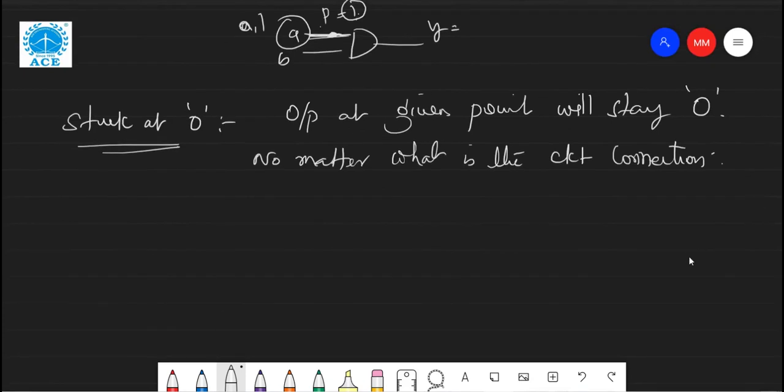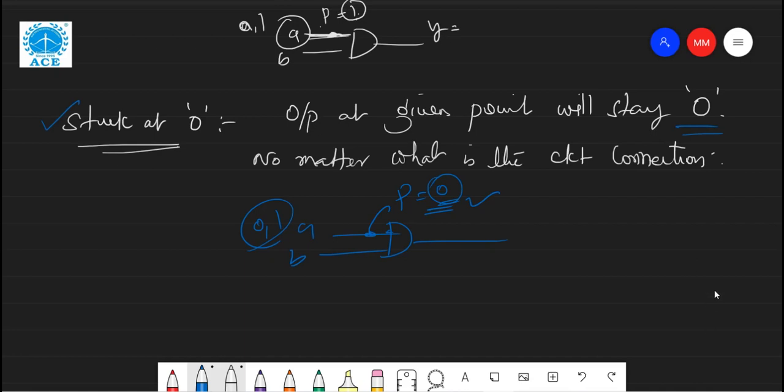For example, again I take inputs A, B, and if I consider this point as P, and it is stuck at 0 in this case, then whatever the value of 0 or 1, that one input will always be 0 only. This is called stuck at 0, right?